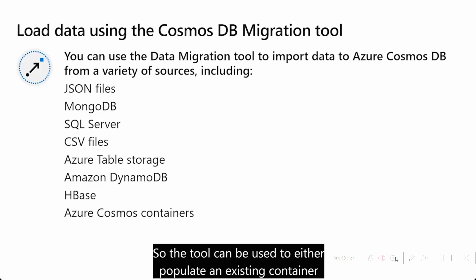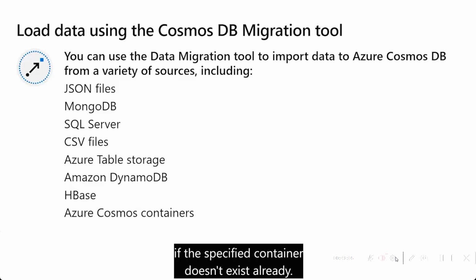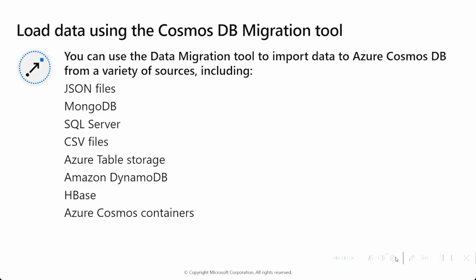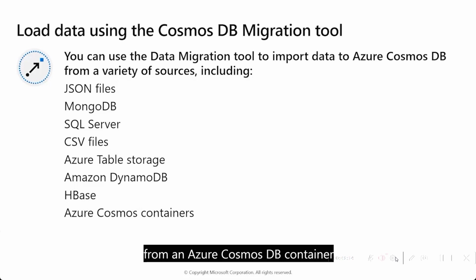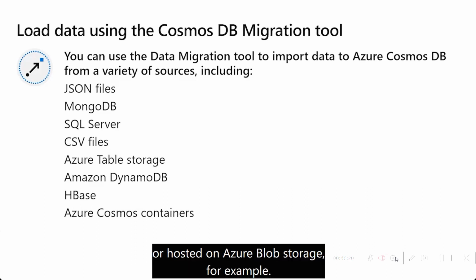The tool can be used to either populate an existing container or create a new one if the specified container doesn't exist already. You can also use the data migration tool to export data from an Azure Cosmos DB container to a JSON file that can be either locally hosted or hosted on Azure Blob Storage, for example.